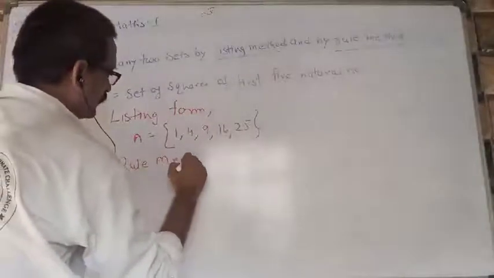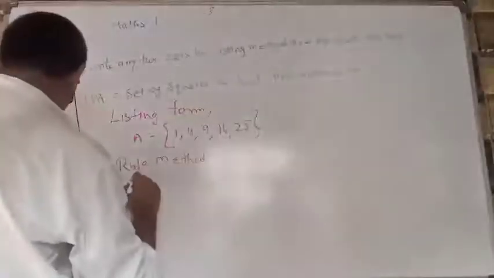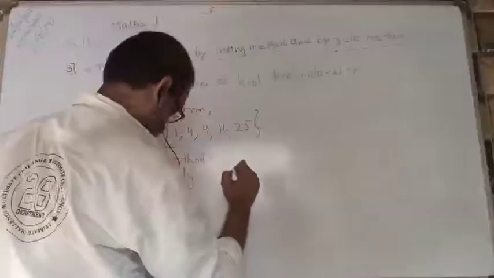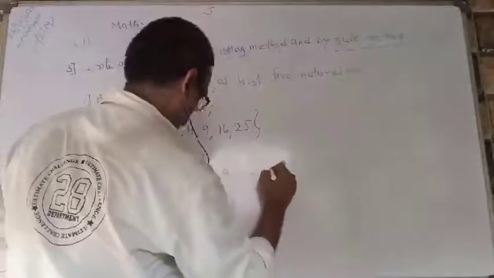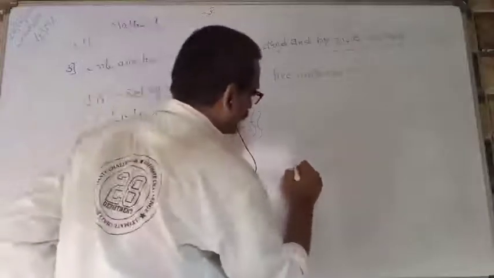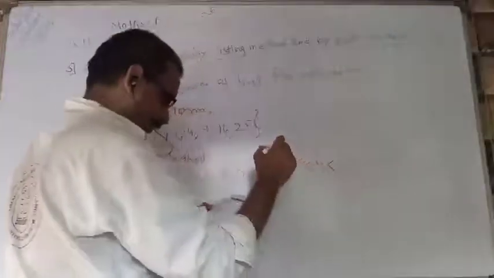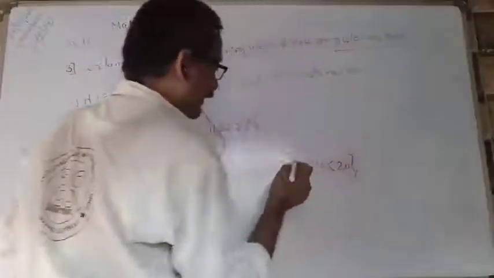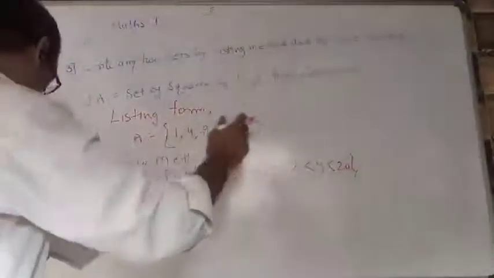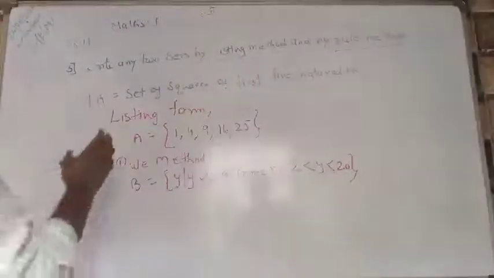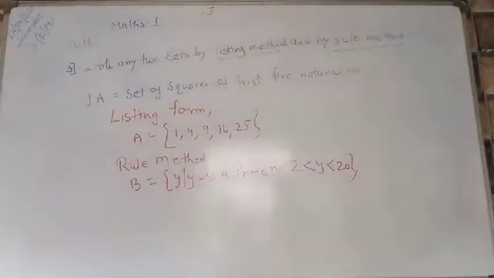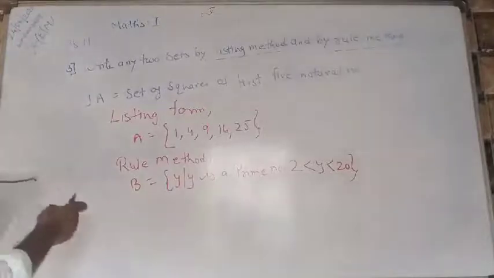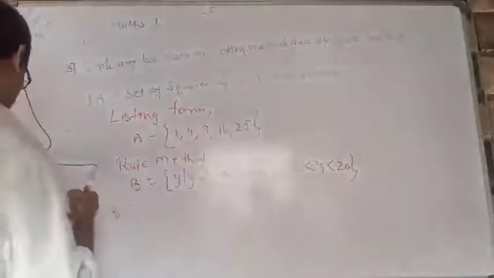Now I write it in the rule method: y such that y is a prime number which is greater than 2, y less than 20. It is the first example, and now I give the second example.